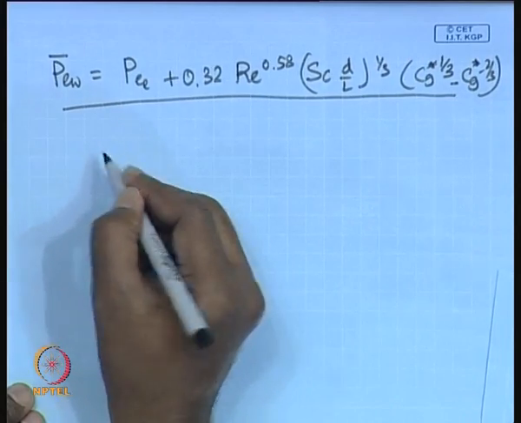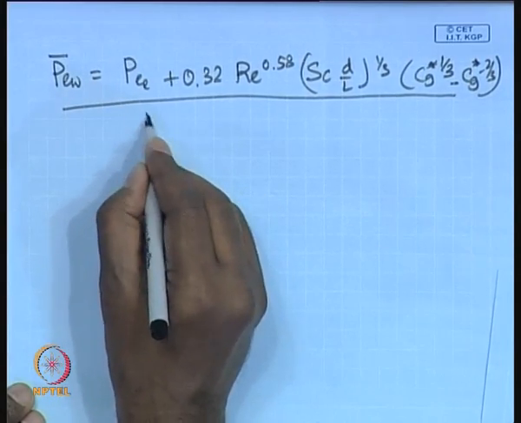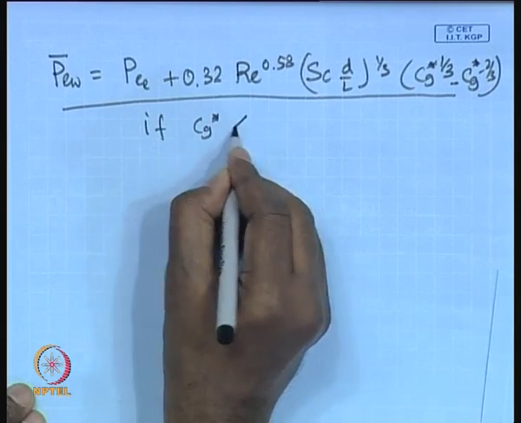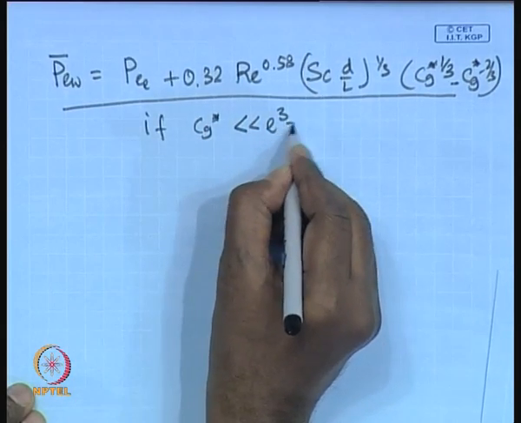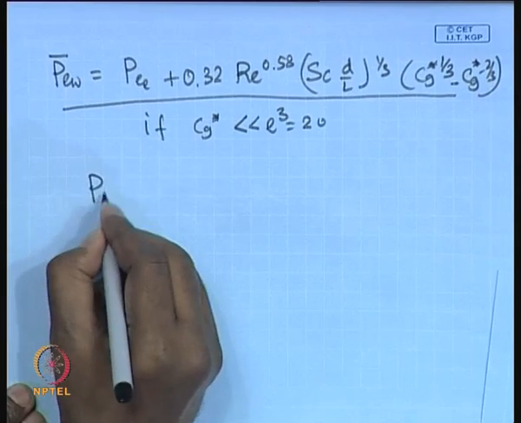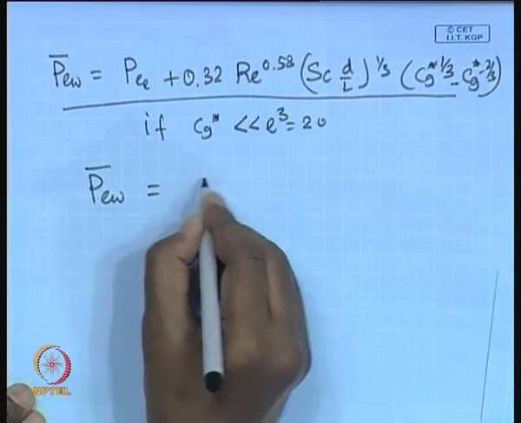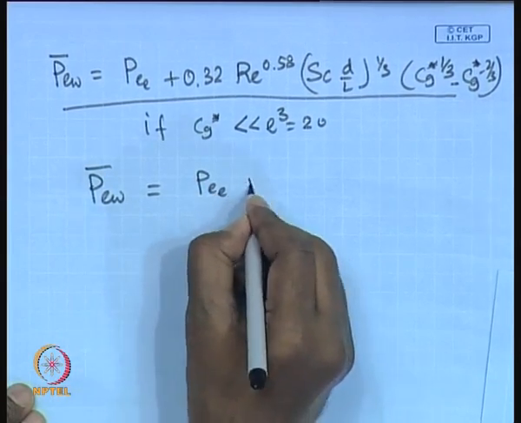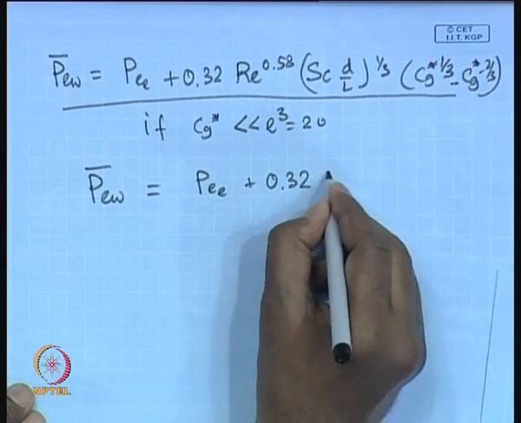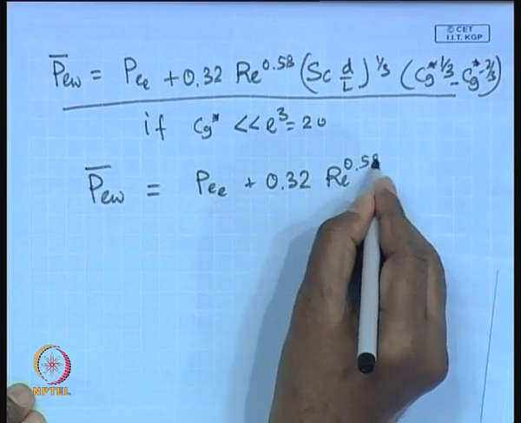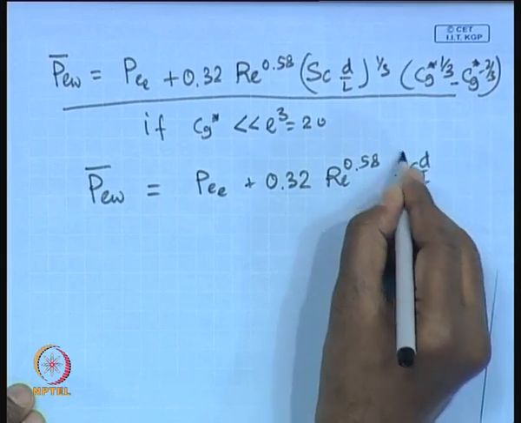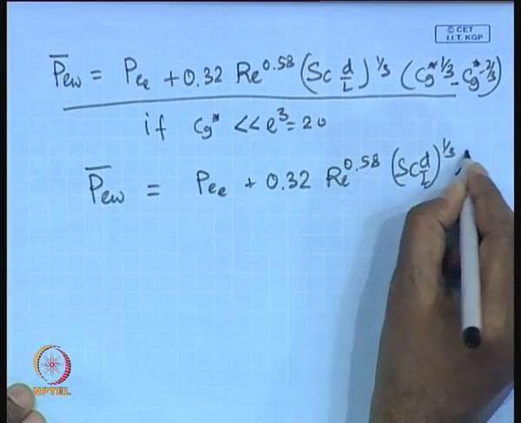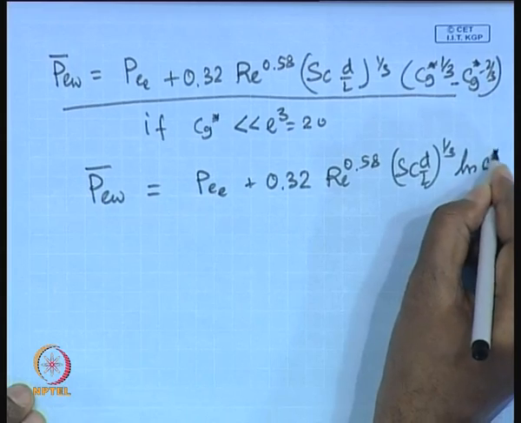For the limiting case, we have discussed this thing. If Cg star is much less than e to the power 3, that is 20, this boils down to this expression: PE plus 0.32 Reynolds to the power 0.58 Schmidt (d by L) raised to the power 1 upon 3 ln Cg star.